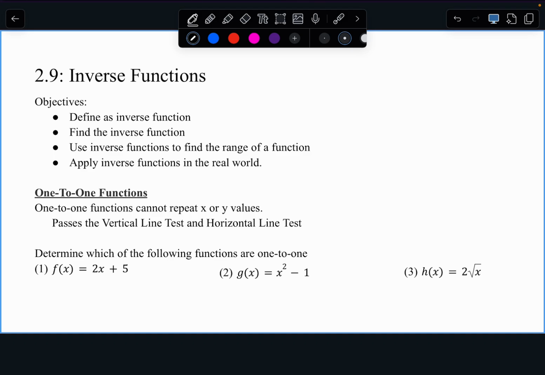There's a few things that must happen in order for it to have an inverse. It must be something called one-to-one. The easiest way to figure out if it is one-to-one: it means it passes your vertical and horizontal line test. It means x cannot repeat and neither can y. No repeating x's or y's.